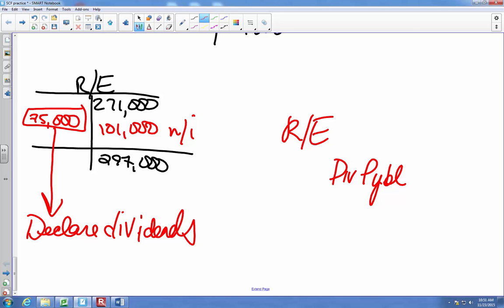I don't have a dividends payable in this example, so I did pay cash. But if there was 75 grand sitting in the dividends payable account, would you put that on your statement of cash flows? No, because I haven't paid them yet. The fact that I don't have this account says to me I paid it. So I can go up and put it in the statement of cash flows. Are you with me?